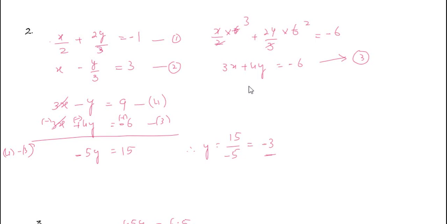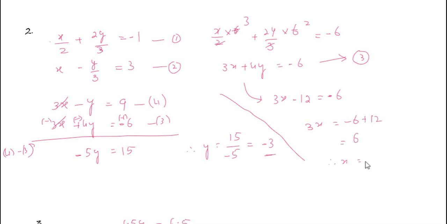Now let us take this equation and substitute the value of y in this. So this is 3x + 4 into -3, so -12 = -6. Taking 12 to the other side, 3x = -6 + 12, that is equal to 6.